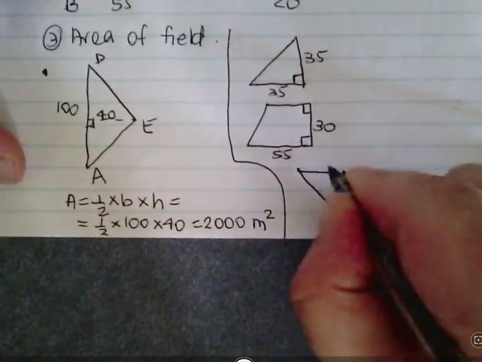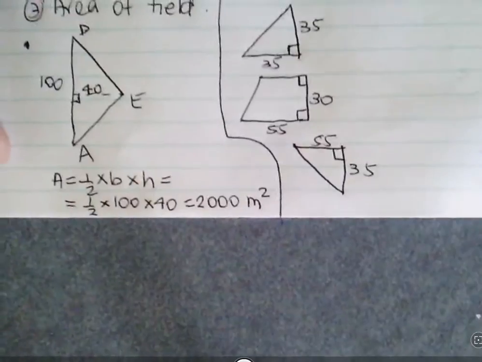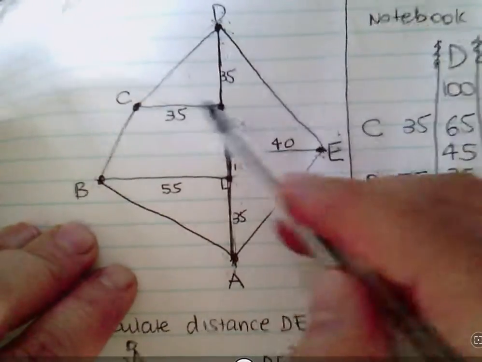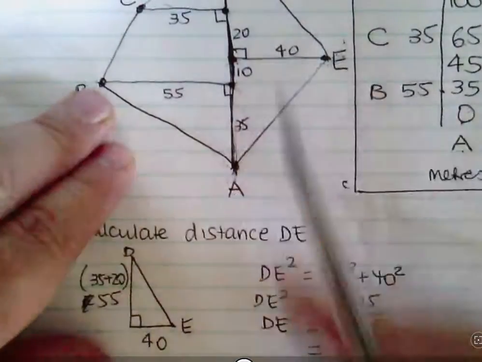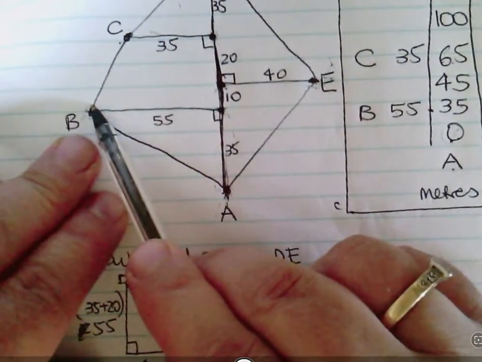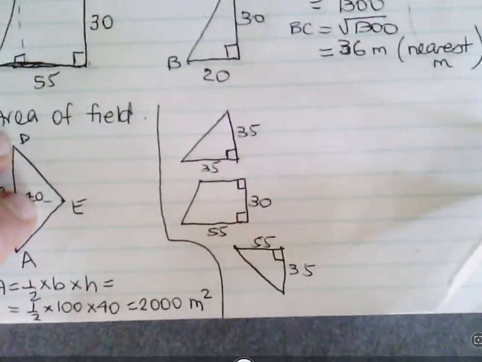This is 35 and 55. So what I've done, I've gone back up here. Look, I've got this triangle here, 35, 35. I've got this trapezium, 35, 30, 55. And I've got this triangle here, 55, 35. I've drawn them all down there.